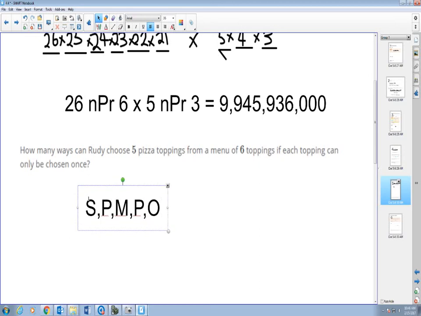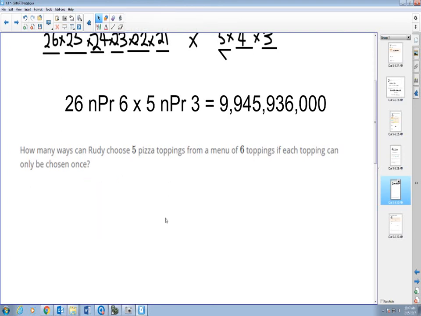Okay, does which one I choose first, or which one they put first on the pizza, matter? Not really, because once you bake it, it's all together anyway. When you look at your cooked pizza, you cannot really distinguish which one was put on there first. So the order of which 5 I choose does not really matter. So this is a combination.